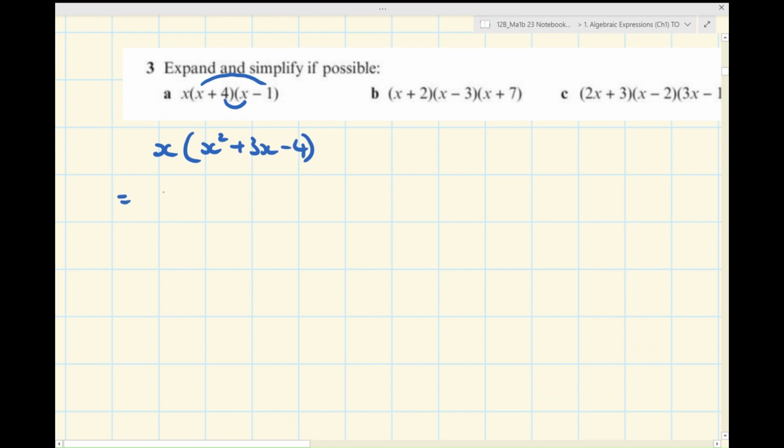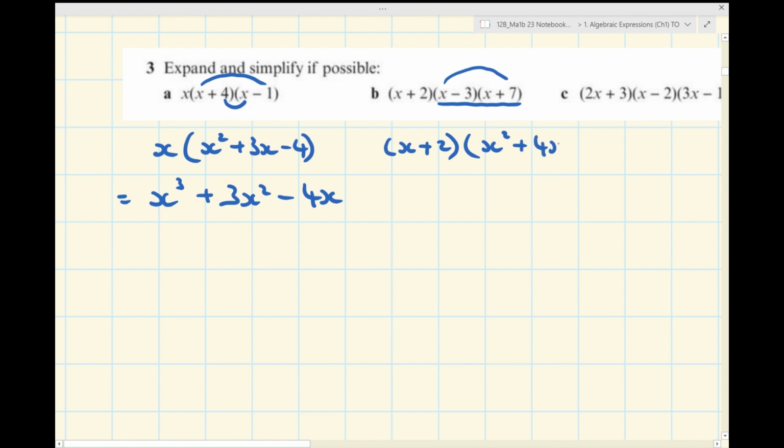So if I multiply out that final bracket, x cubed plus 3x squared minus 4x. Now let's have a look at b. I'm going to multiply out these last 2 brackets first, copy down the x plus 2, and multiply out those last 2 brackets. X squared, I'm going to have plus 7x and minus 3x, so plus 4x minus 21.